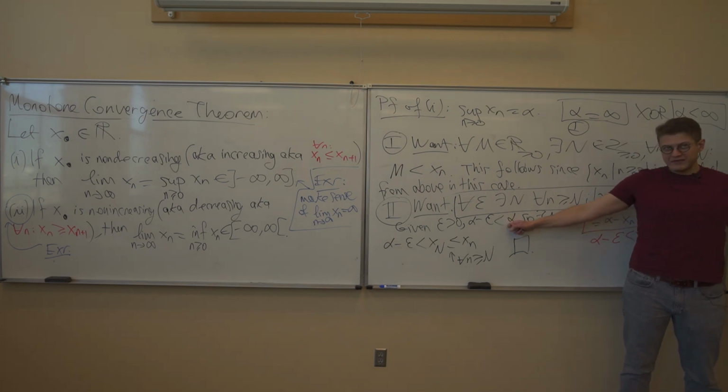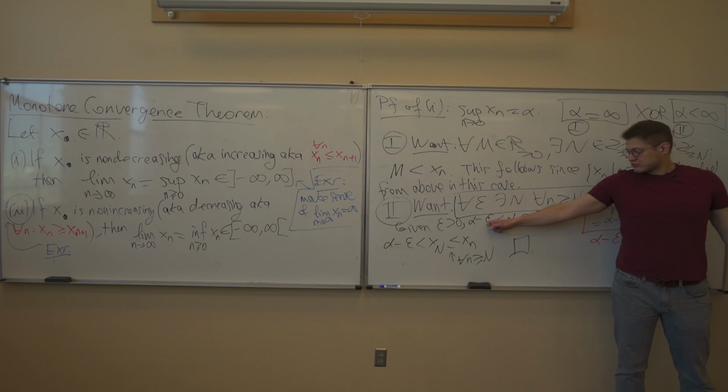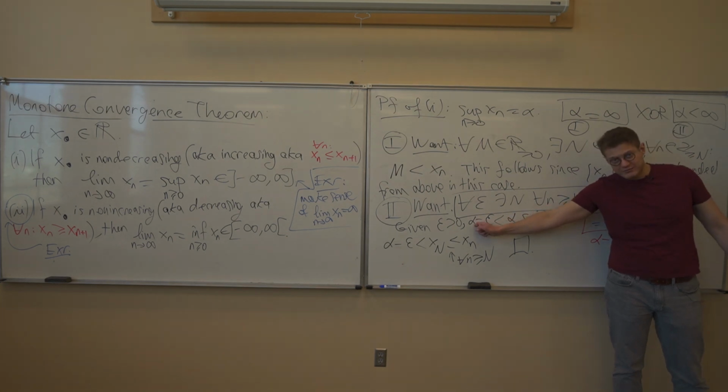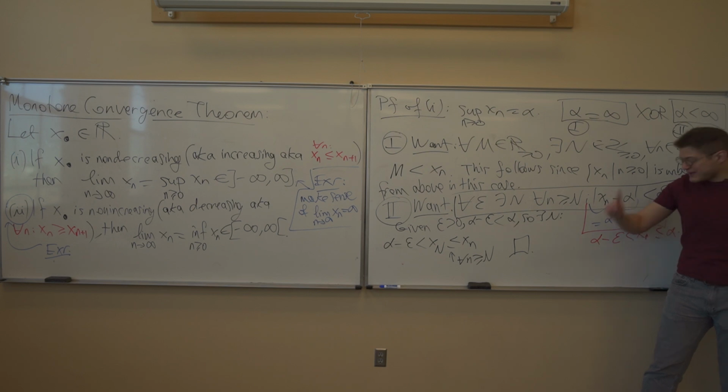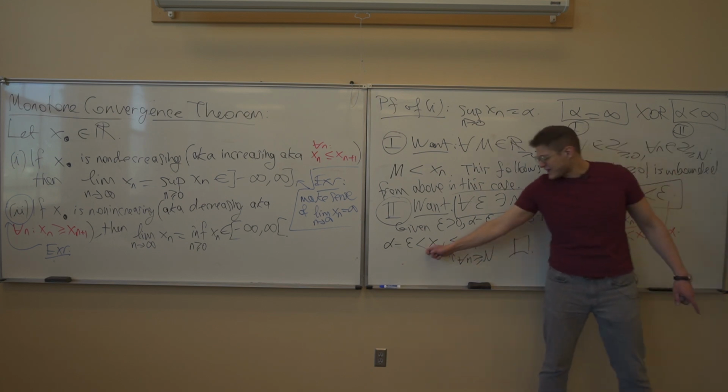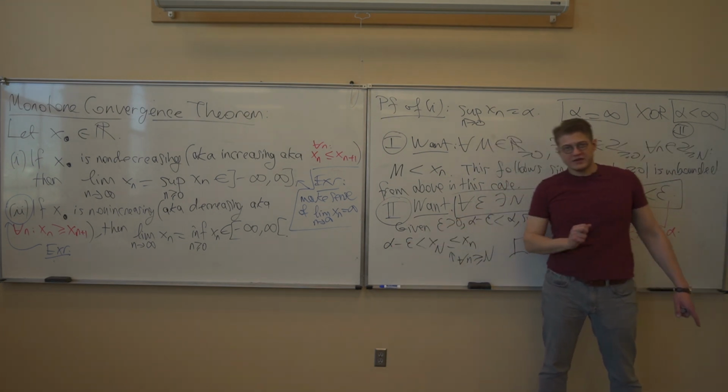So it's the best upper bound. So you cannot get any better, which means that this is not an upper bound. By definition, this being not an upper bound means that you cannot bound everything by this. So there's something that exceeds this, which means that there's some n. There's also some index management going on here, of course. But there's some n such that x sub capital N exceeds this guy.